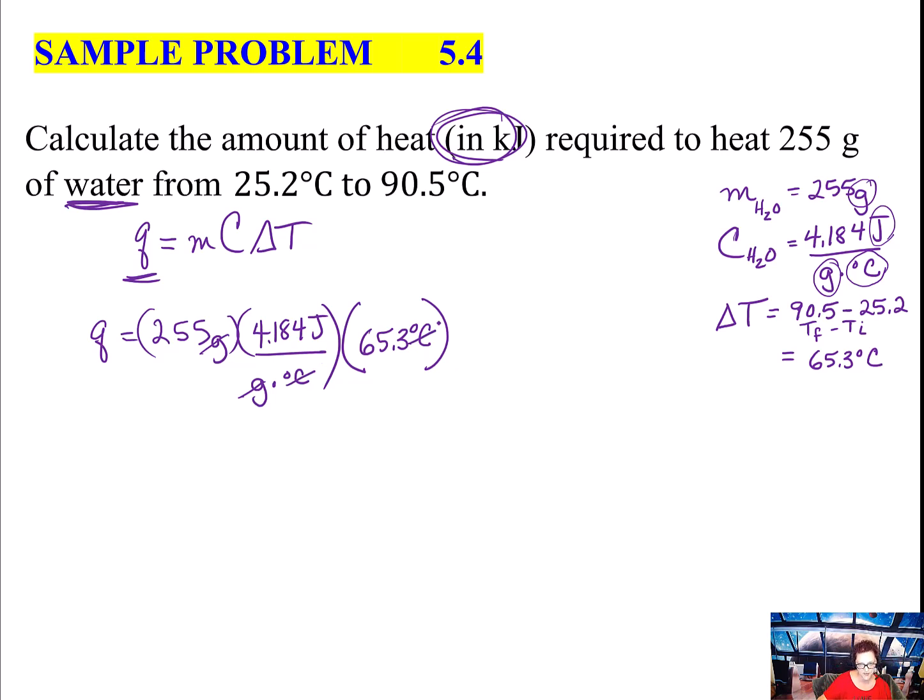Since it's supposed to be in kilojoules, I put 1 kilojoule over 1,000 joules. So it's 255 times 4.184 times 65.3, divided by 1,000. If you do the math the same way I do, you get 69.7 kilojoules.